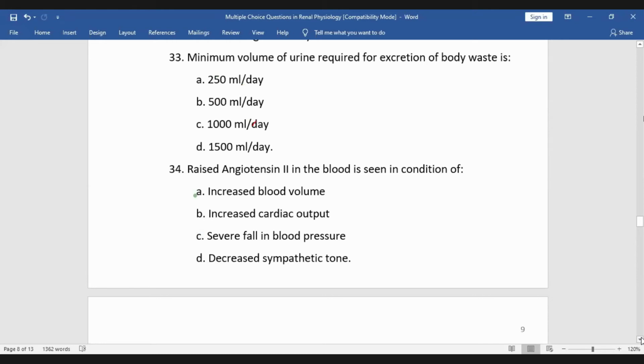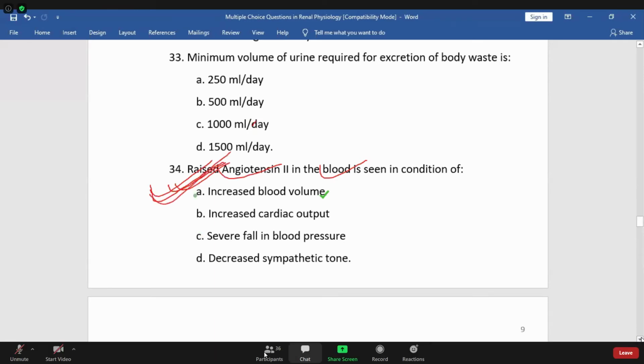Raised angiotensin 2 in the blood is seen in the condition of what? Is it regarding increased blood volume? Raised angiotensin 2 in the blood is seen in the condition of what? In other words, what is the factor responsible for causing the increased secretion of angiotensin 2?